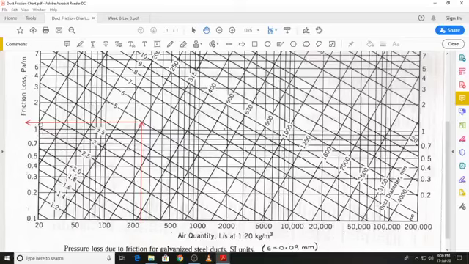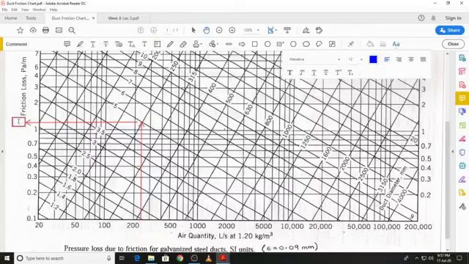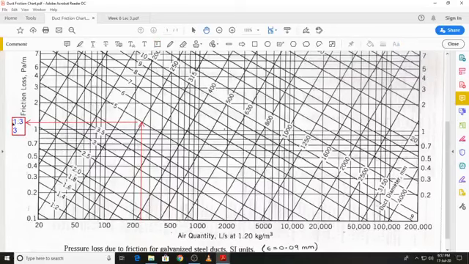And you can see approximately this is around 1.3, and I will just mark this value over here that it is 1.33.